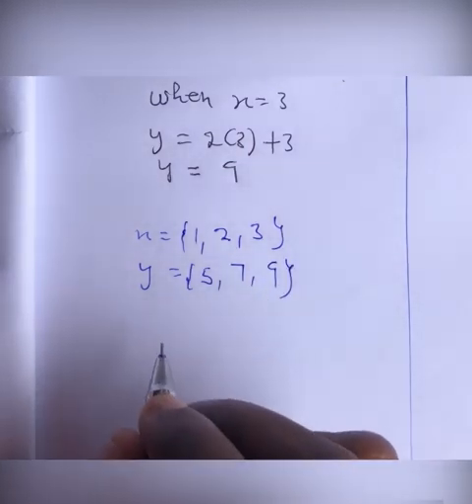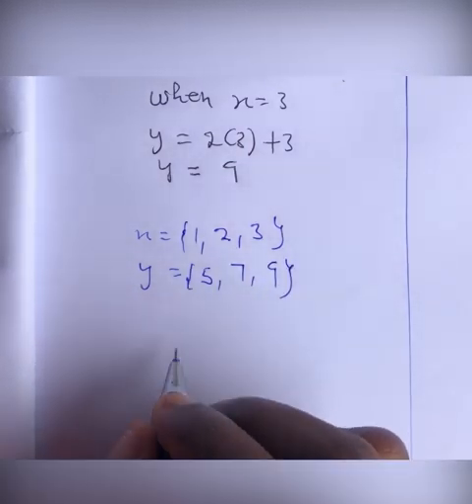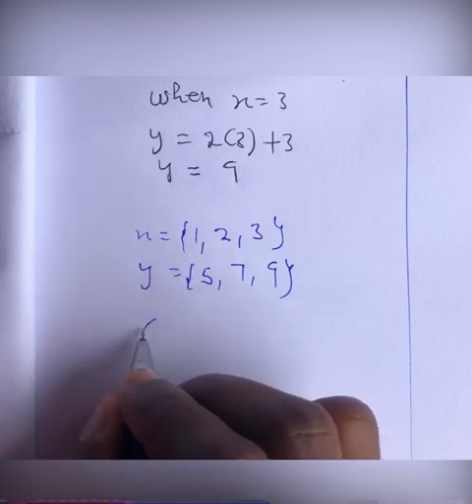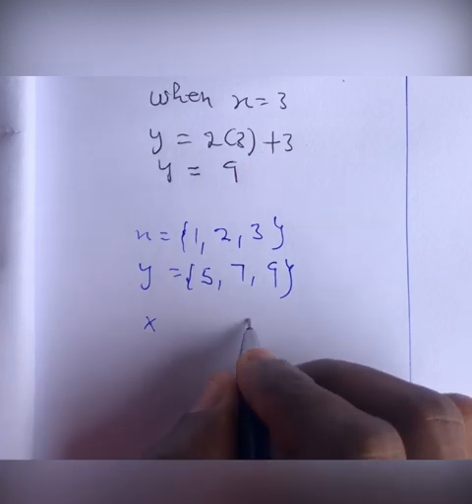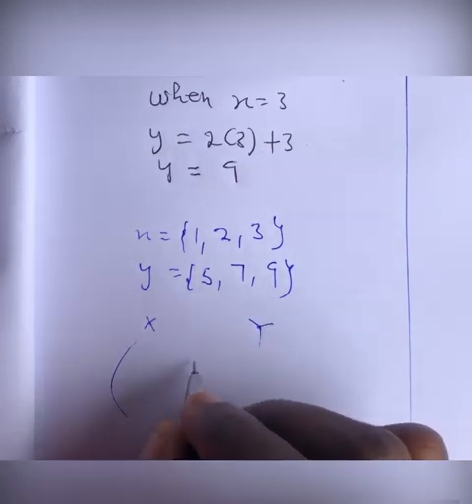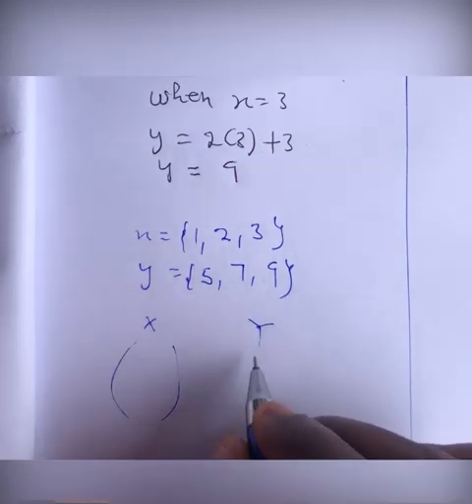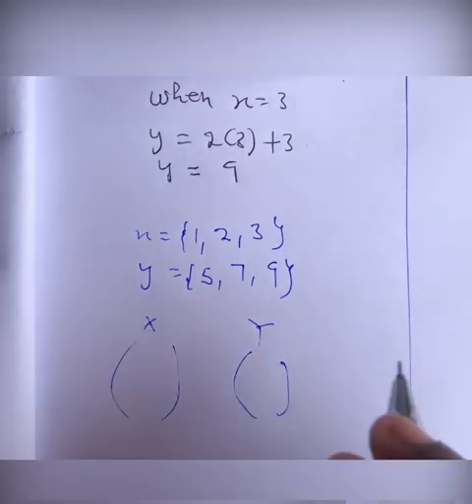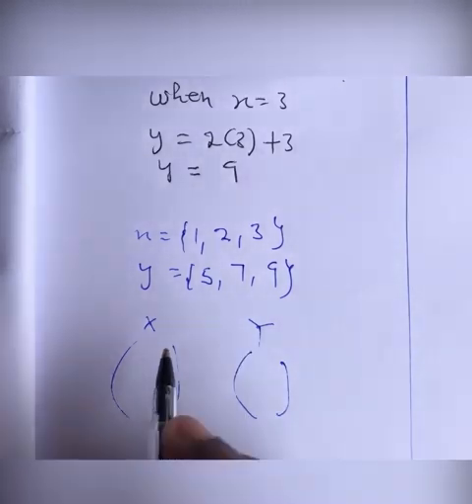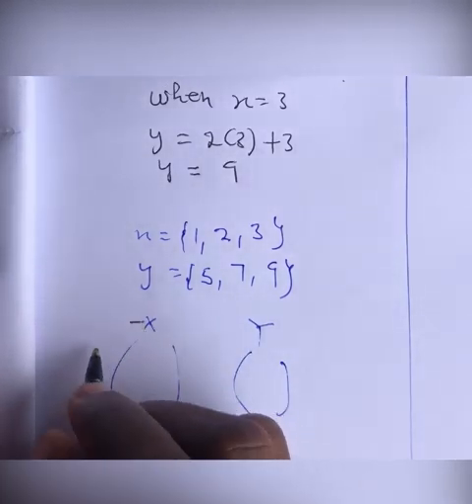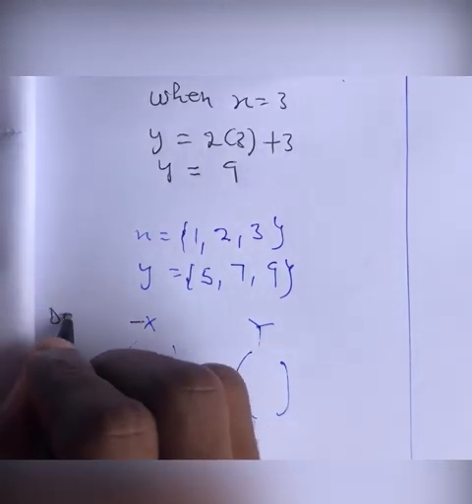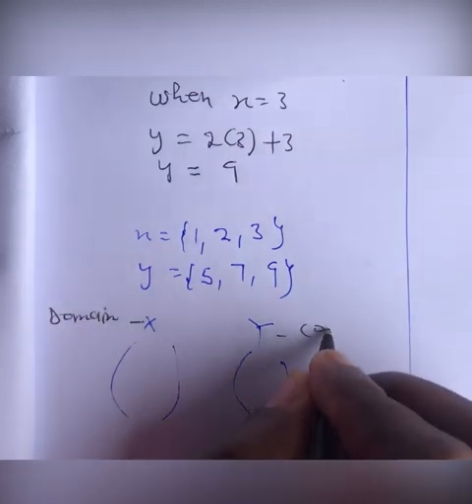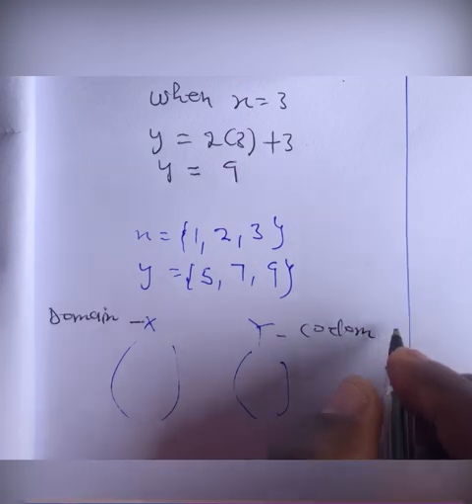So I can draw a map of these two values here. So I have my x, then I have my y. I've already explained that the x is what we call the input or the domain, and the y is the codomain.